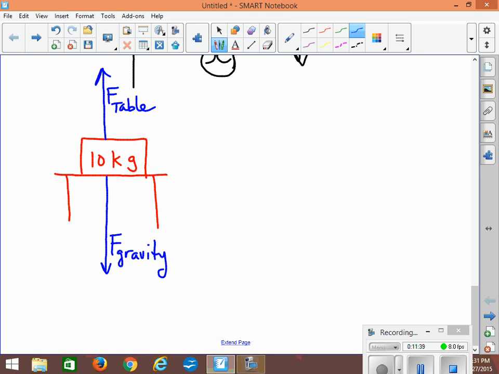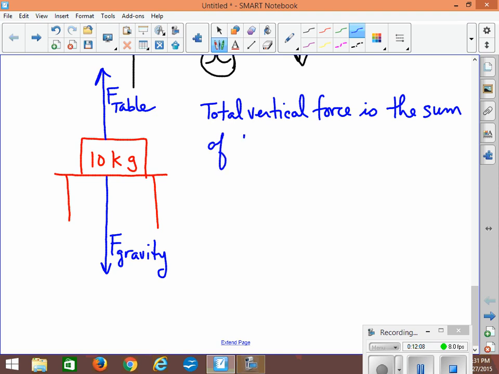Now, to describe these two forces, I'm going to use an equation or a mathematical sentence. What I'm going to say in English is that the total vertical force, the up and down force, is the sum of, the adding together of, the force of the table and the force of gravity.